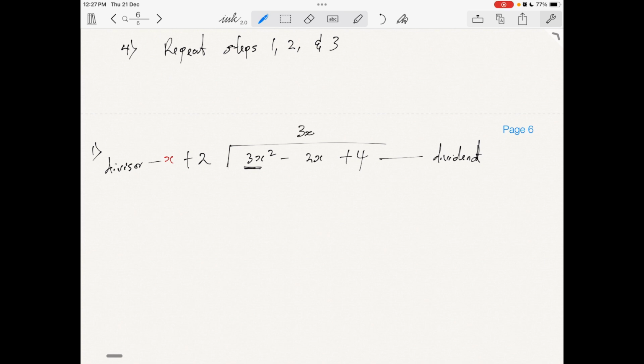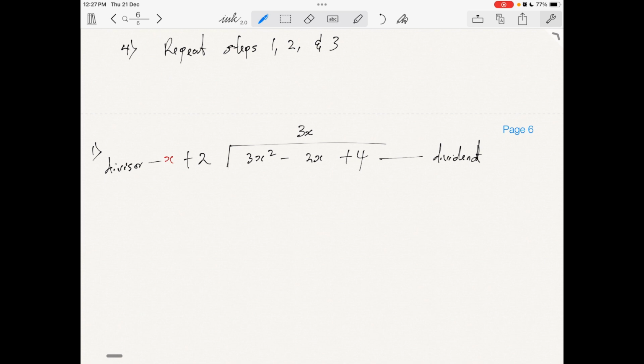We are not dividing minus 2x yet; we first divide only the first term of the dividend. So 3x squared divided by x will give us 3x.